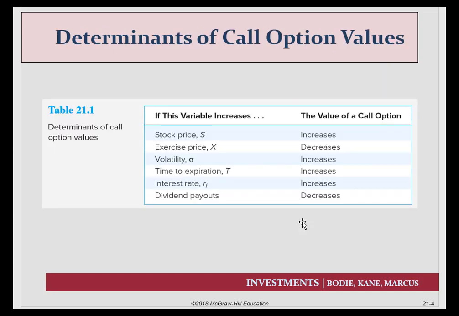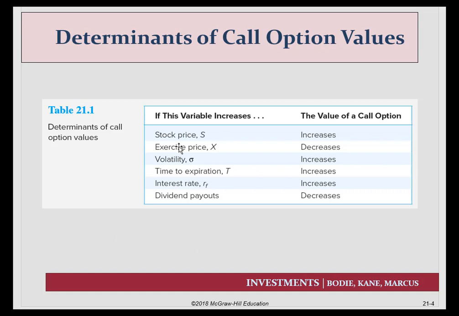So what creates this value in options? Well, the stock price. I think the easiest way to think about these in general is to think about a call option and think about whether the opportunity for profit is better or worse depending on what happens to this particular variable. For a call option, remember, you want to buy this when you think the stock price goes up.